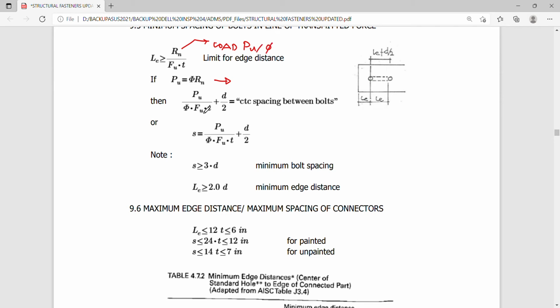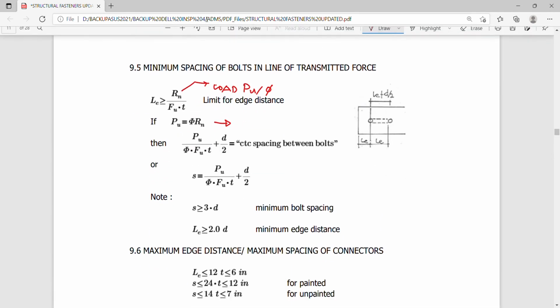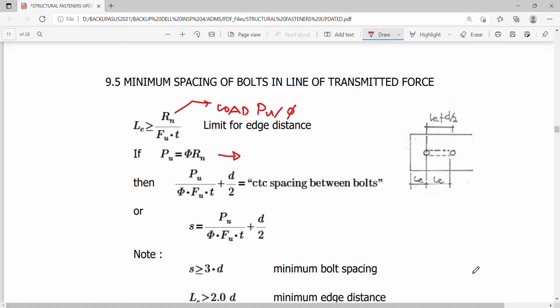Okay, so substituting this value here, Pu over phi divided by Fu t. So this is now Rn, Le. Okay, so taking note that in our figure here, Le is simply equivalent to this edge distance, symmetrically equivalent to this edge distance, wherein adding it up for the spacing, adding d over 2 to get your spacing requirement.